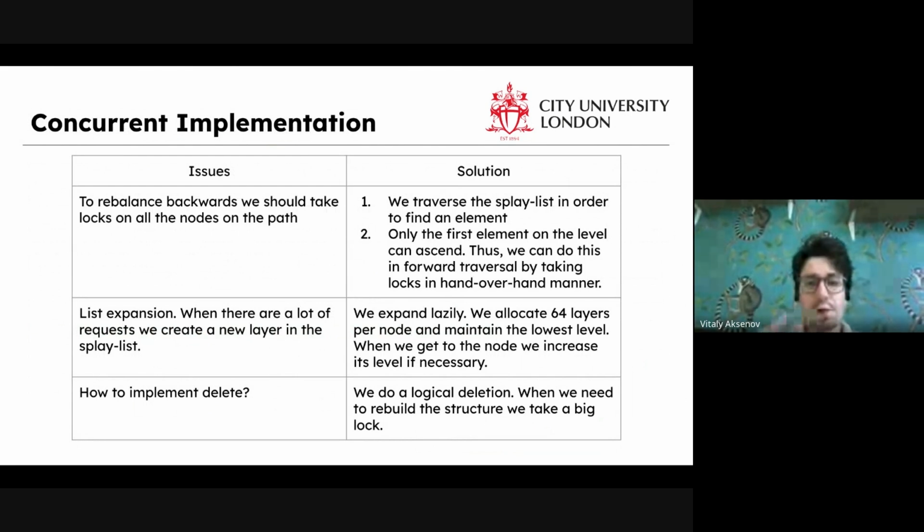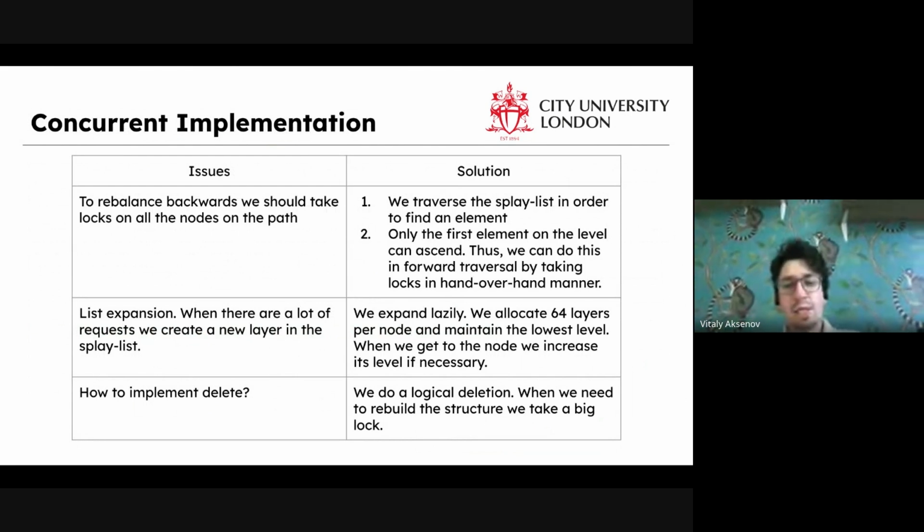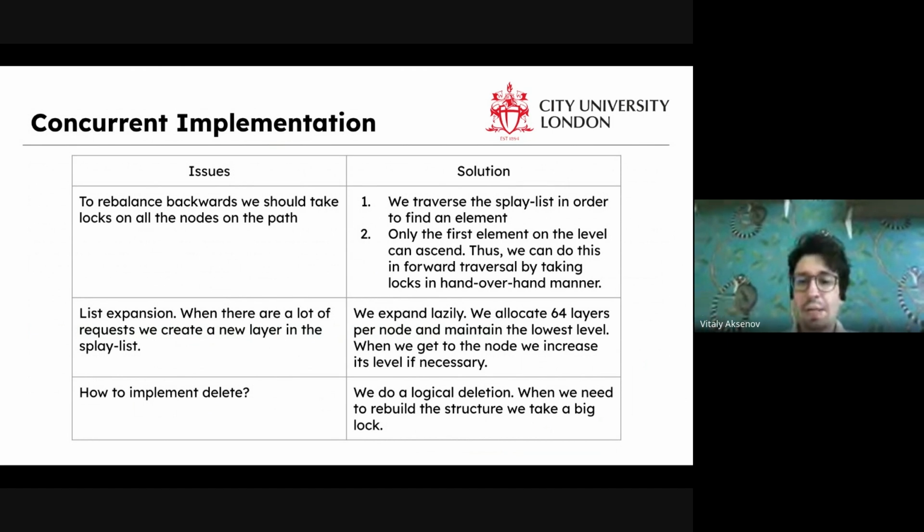And as you can see, there is still a problem with the root. But since we apply relaxed operations, not many threads will be contending for the head and so on.